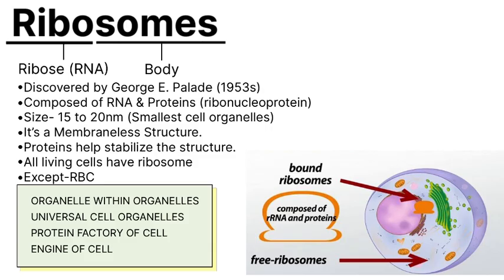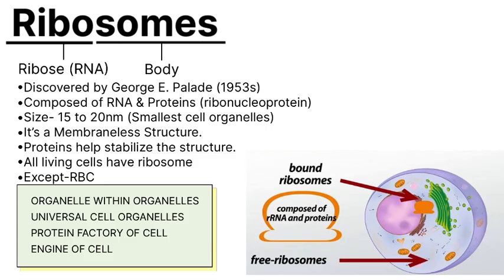So they are known as the protein factory of the cell, and they are considered universal cell organelles as they are present in both prokaryotic and eukaryotic cells, as one organelle within another organelle, except in mammalian RBCs. Other than that, all living cells have ribosomes.